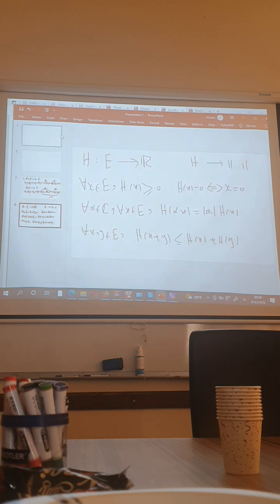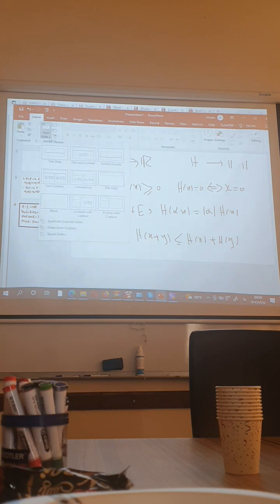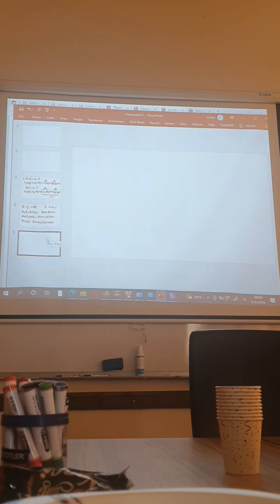But do you know a norm function on complex numbers? We have a norm function on complex numbers by this function rule, for any alpha plus i beta in complex numbers.